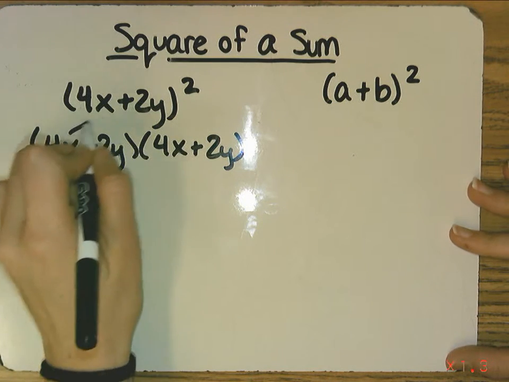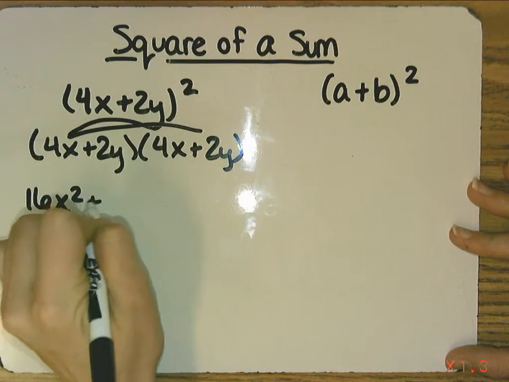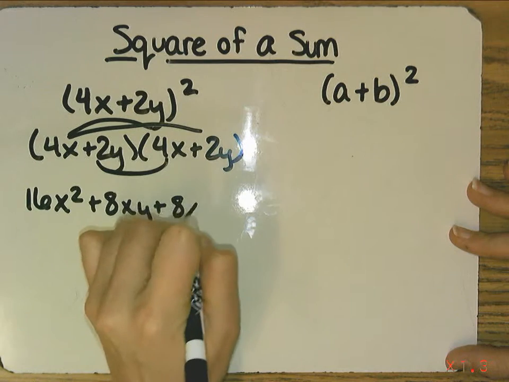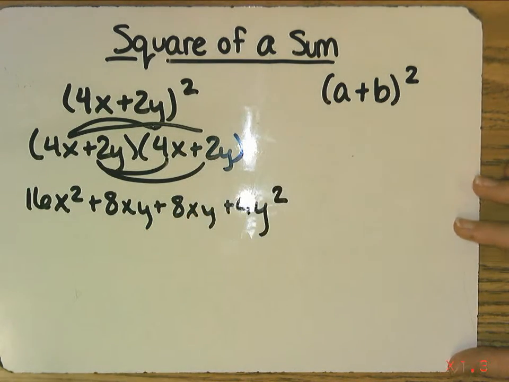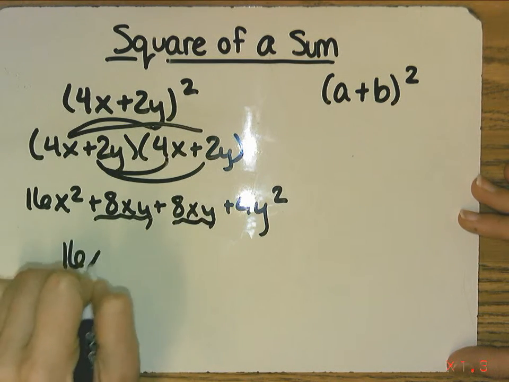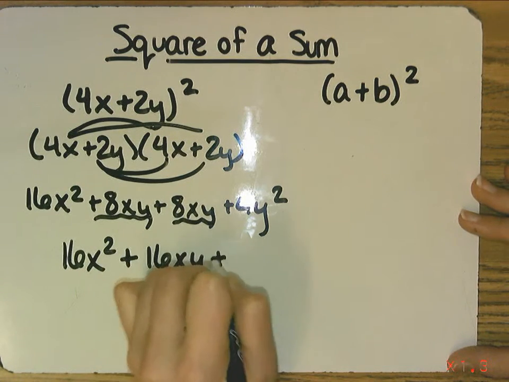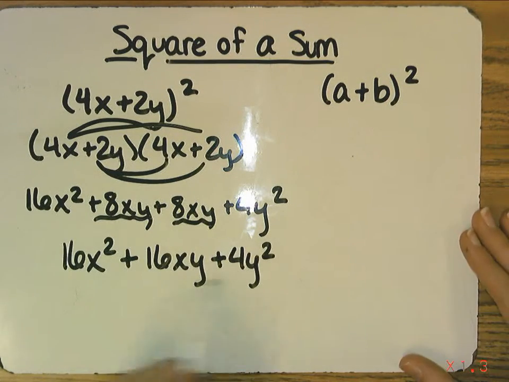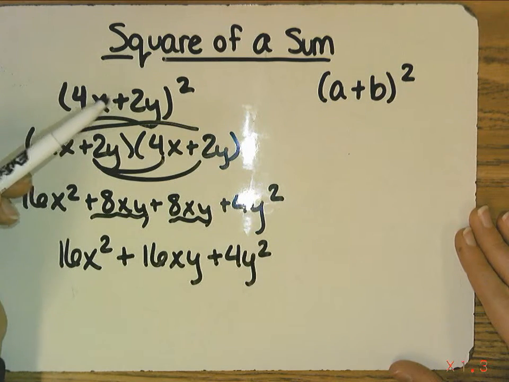That would give us something like 16x squared plus 8xy plus another 8xy plus 4y squared. Now I'm going to combine my like terms. 16x squared plus 16xy plus 4y squared. So this is my final product when I square 4x + 2y.